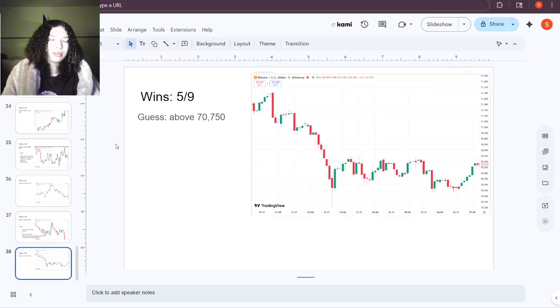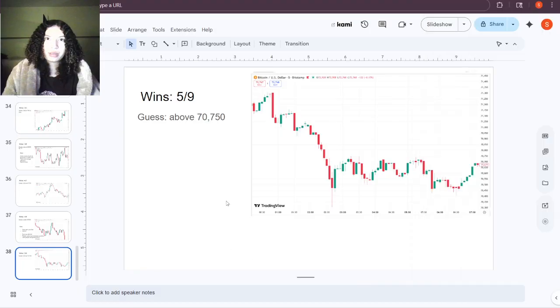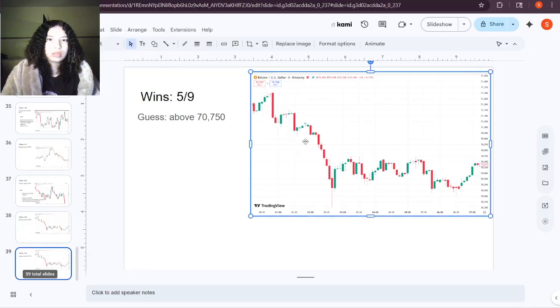Slight edge, maybe. It's still very close to the middle point.